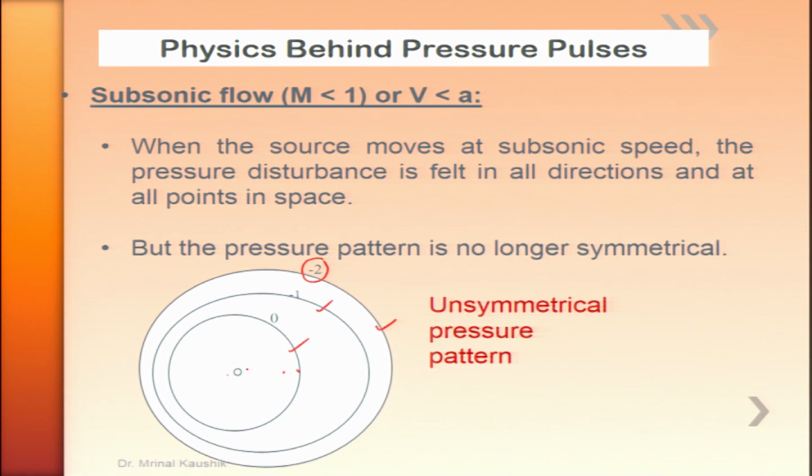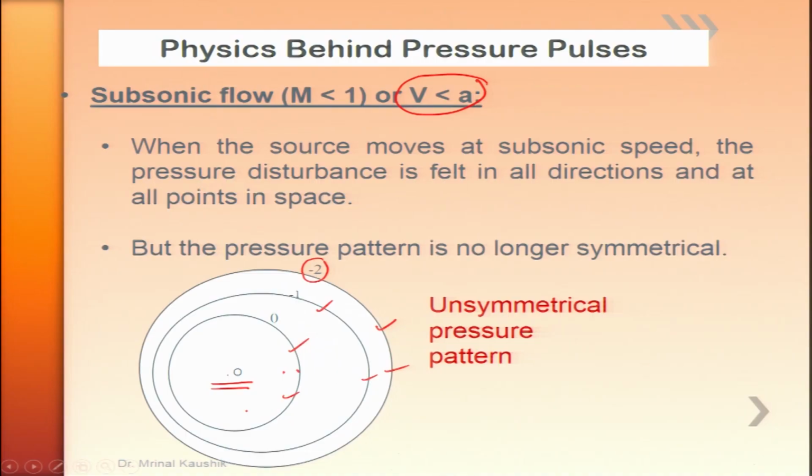Since this object is also moving, though at less than the speed of sound, it is still a considerable magnitude. Therefore, these spherical waves, which we call wave fronts, are not symmetrical in nature. They have become unsymmetrical.